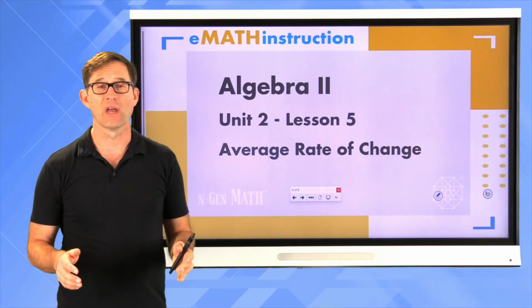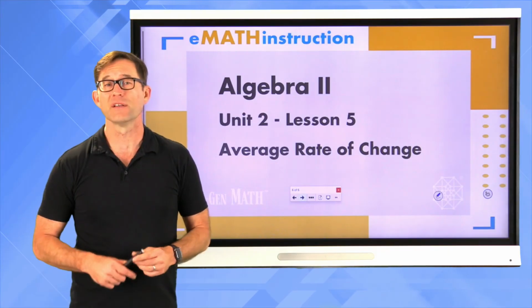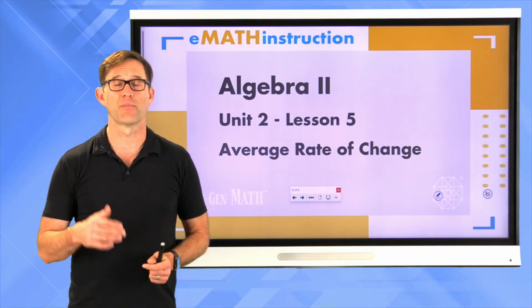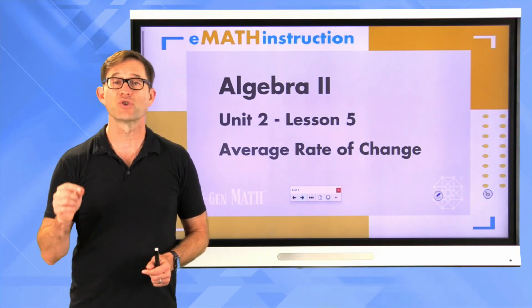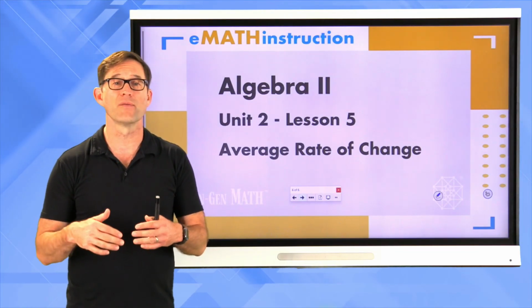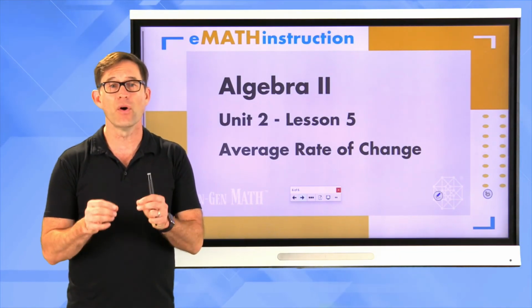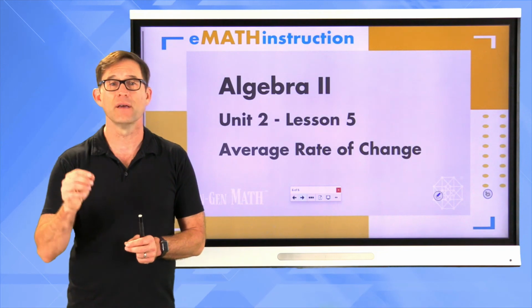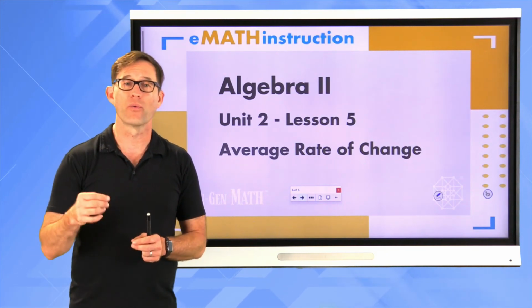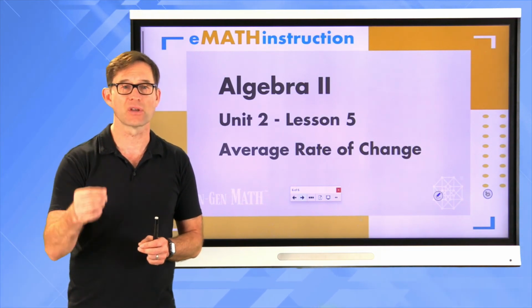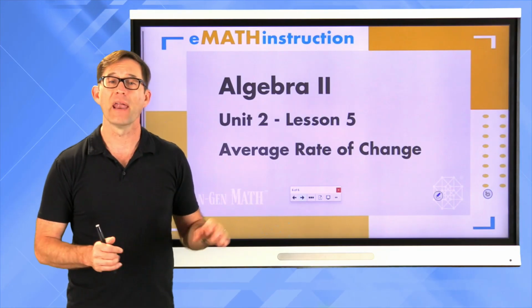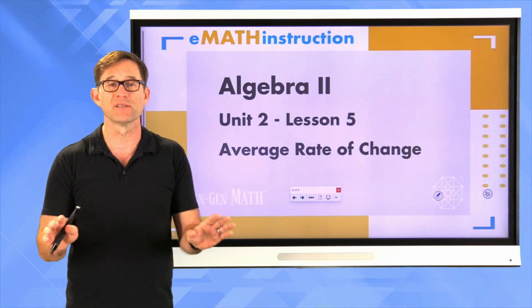So average rate of change is exceptionally important, especially for those of you that are going to move on to pre-calculus and calculus, which are often dedicated to and focus on how fast things are changing. What are the rates of change? How much does change accumulate? Things like that. And average rate of change is sort of the basis of all of it, right?